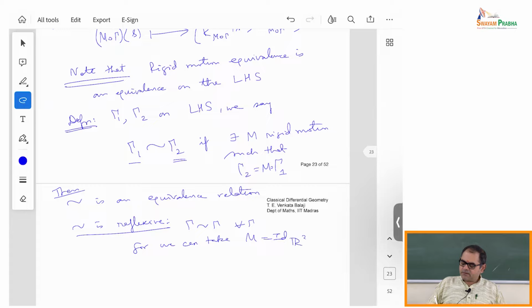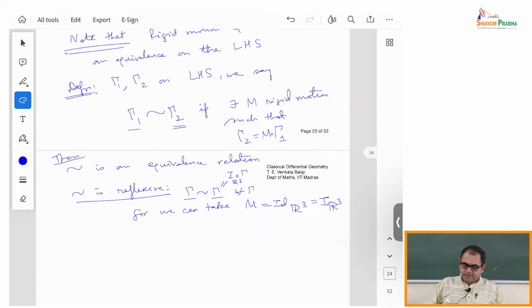The identity is always a rigid motion, and the identity circle gamma is just gamma, which you can also write as I_R3. So every curve is related to itself.